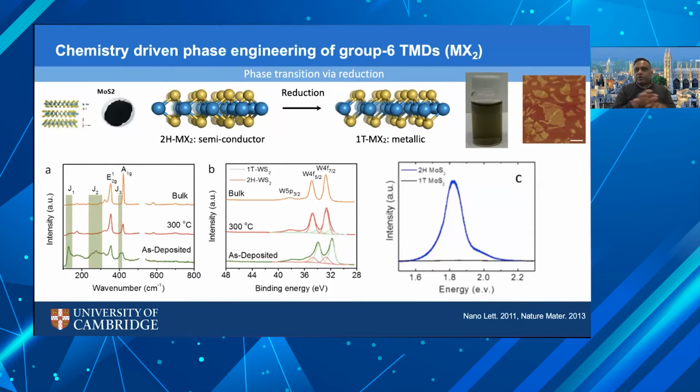You don't have a complete random mixing of the two, at least not in our observations. But as I mentioned, purely 1T phase is not possible to make. So you always have the H phase present. But in the TEM, these are distinct patches of 1T and distinct patches of the H phase.